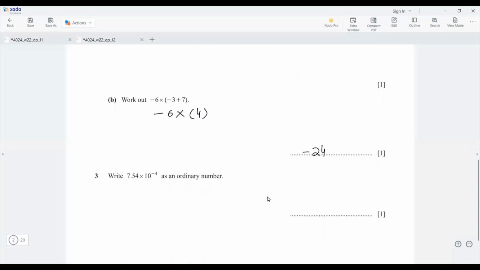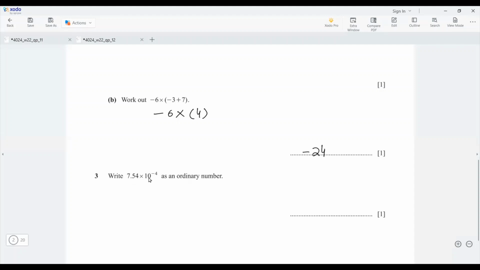In the next question, a standard form is given. In some cases, standard form numbers are given and we have to write the ordinary number, meaning without the power of 10. So we have to remove that power of 10. Here it is 10 raised to the power of negative 4. It means we have to shift the decimal point towards the left, because a negative power tells us to shift the decimal point left.